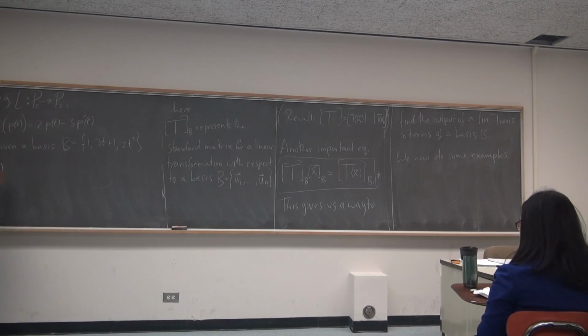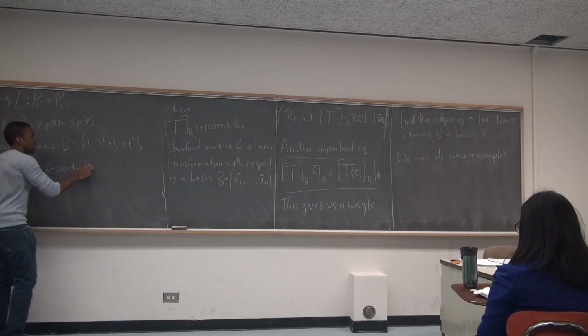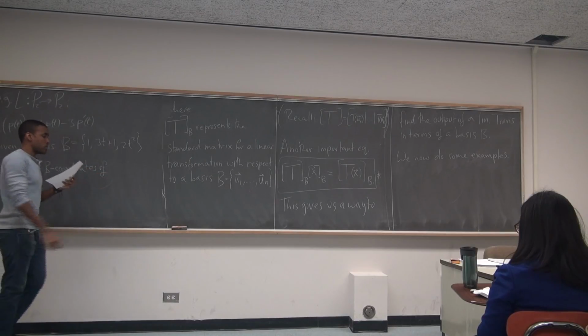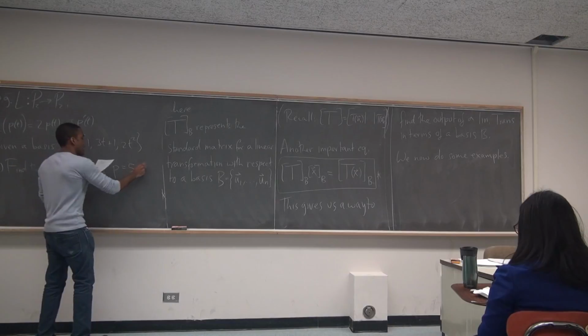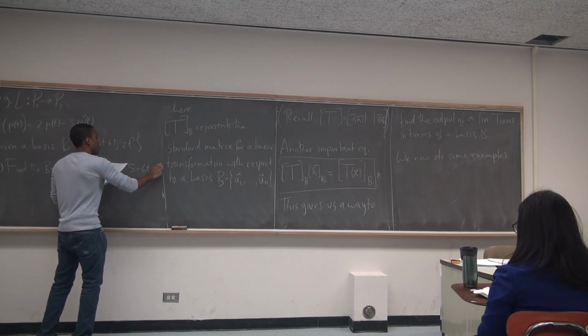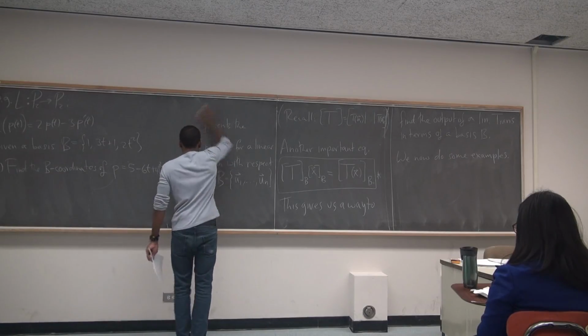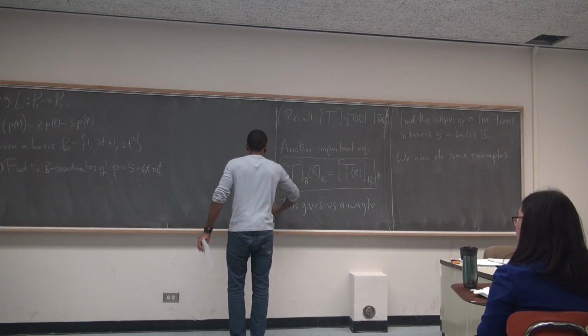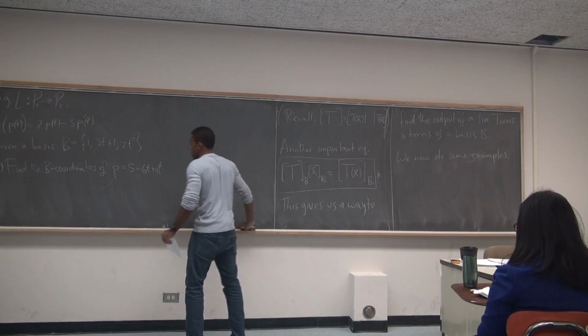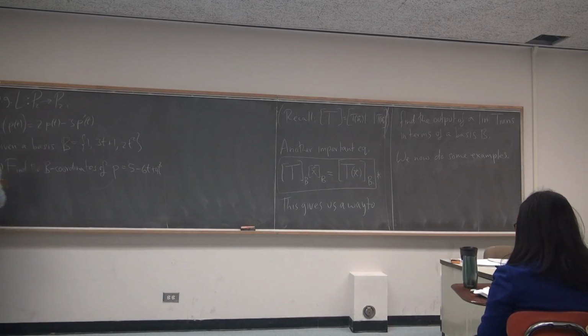The questions were, find the B coordinates of this polynomial, 5 minus 6t plus 4t squared. By the way, I never said this, but this is basically asking you for p with respect to B. That's basically what it's asking you to find.